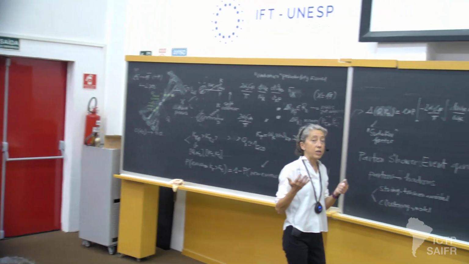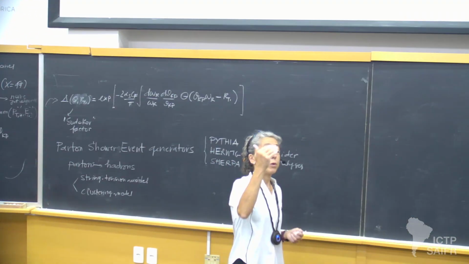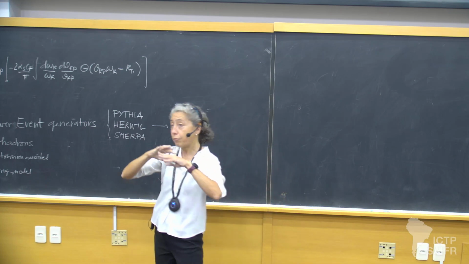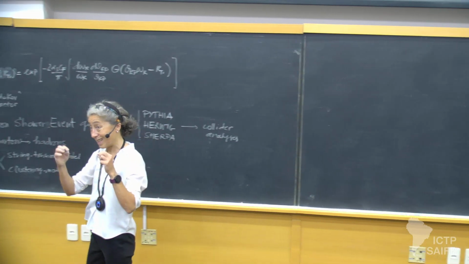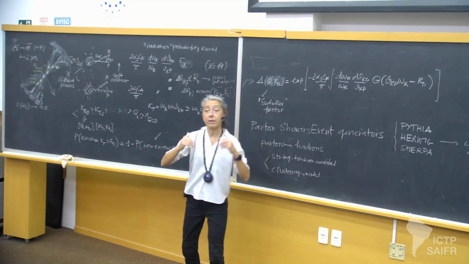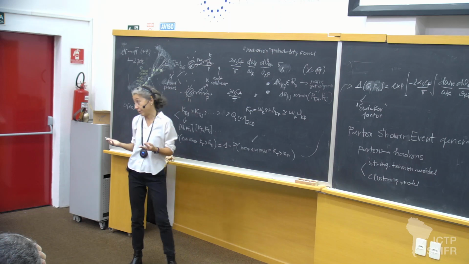The moral of this is just, can we push the interference with the shower farther away? So describe the hard emission, the full emission, both soft and hard, exactly at the highest possible order, and then from there on, let the shower go. Of course, yes, right? Because the more you can do exactly, the better.